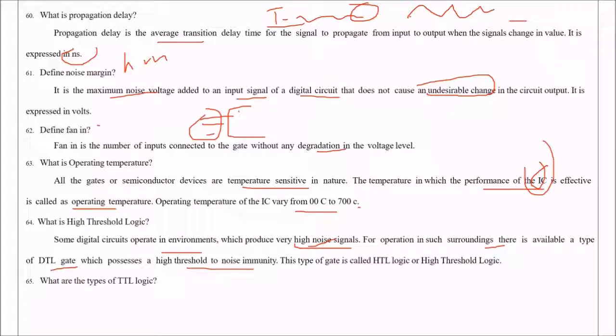This type of gate is called HTL logic or high threshold logic. These are specifically for environments where you have very high noise signals. What are the types of TTL logic? Open collector output, totem pole output, and tri-state output. These are the types of TTL logic.